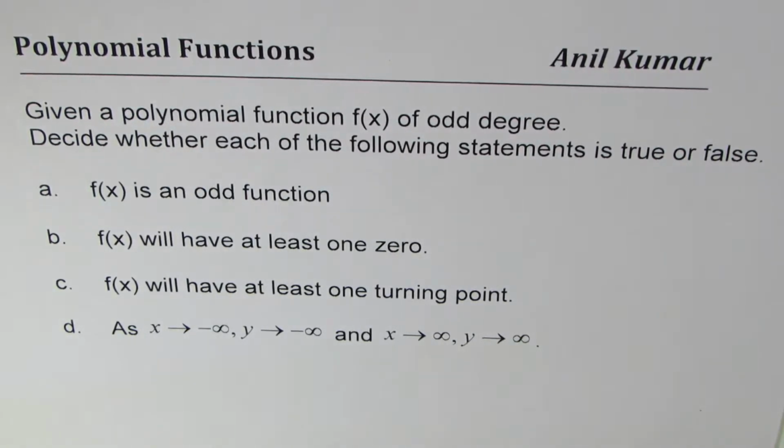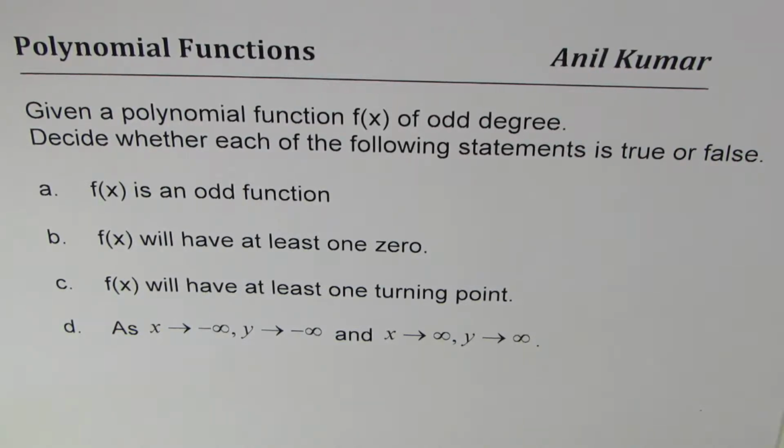The question before us is, given a polynomial function f of x of odd degree, decide whether each of the following statements is true or false. There are four statements. The first one, A, is f of x is an odd function. B, f of x has at least one zero.